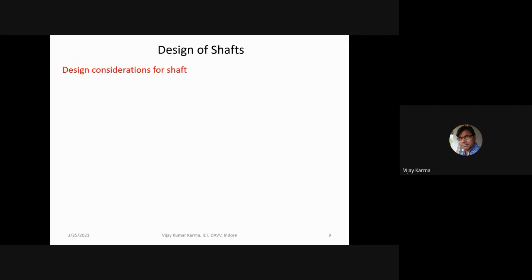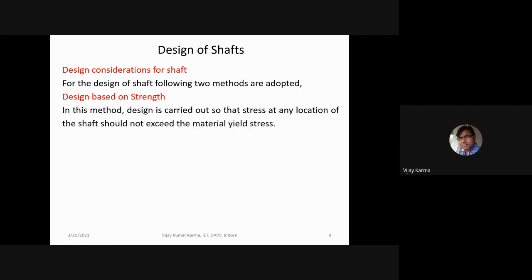Now, design considerations for shafts. Two methods are adopted for the design of shaft. That is the design based on strength. In this method, design is carried out so that stress at any location of the shaft should not exceed the material yield stress.